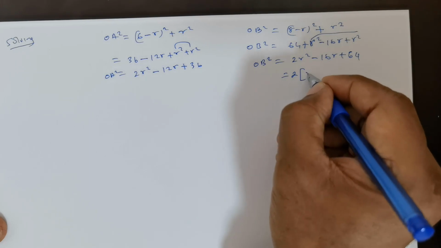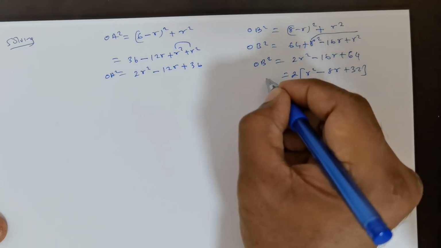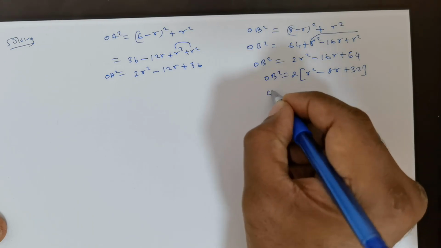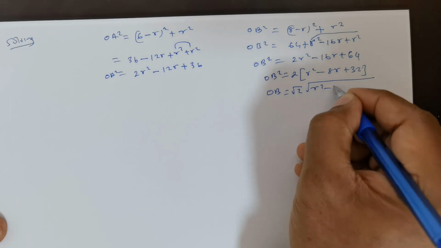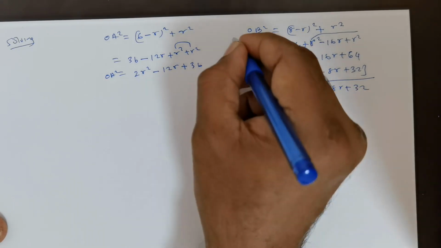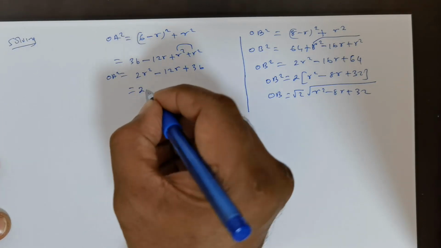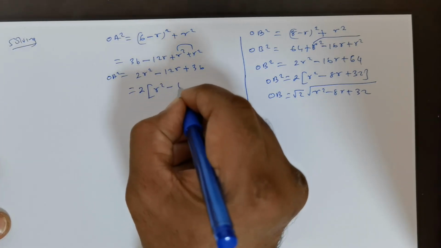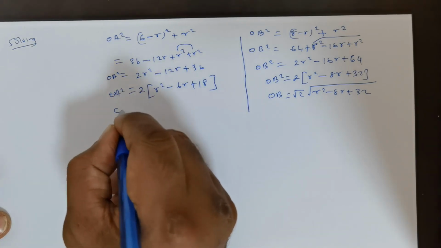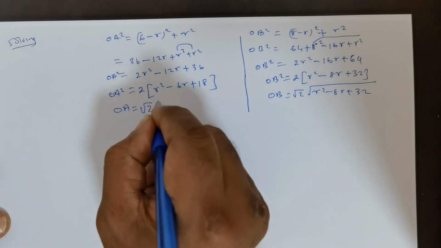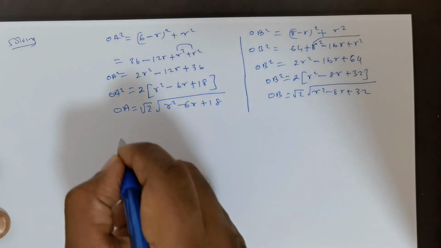Now I can take 2 out, so R squared minus 8R plus 32 is OB squared. So OB is equal to root 2 times root of R squared minus 8R plus 32. Over here I take 2 out, I get R squared minus 6R plus 18 is equal to OA squared. OA is root 2 times root of R squared minus 6R plus 18.